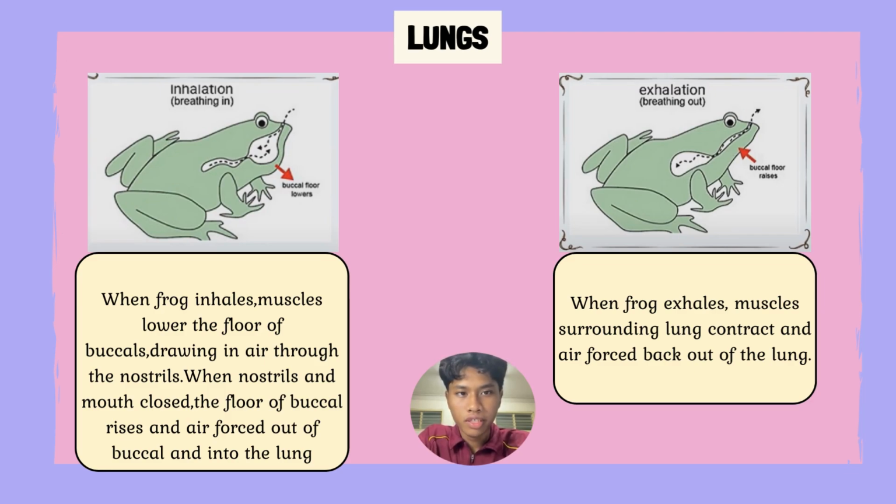When a frog inhales, muscles lower the floor of the buccal cavity, drawing in air through the nostrils. When the nostrils and mouth close, the floor of the buccal cavity rises and air is forced out of the buccal cavity and into the lungs. When a frog exhales, muscles surrounding the lungs contract and air falls back out of the lungs.